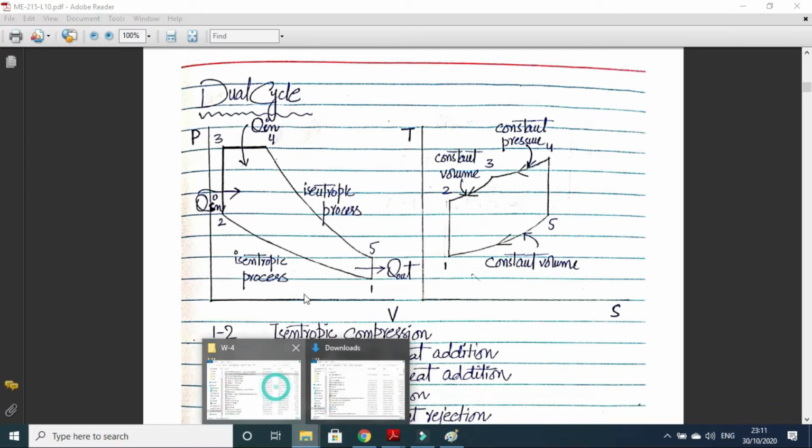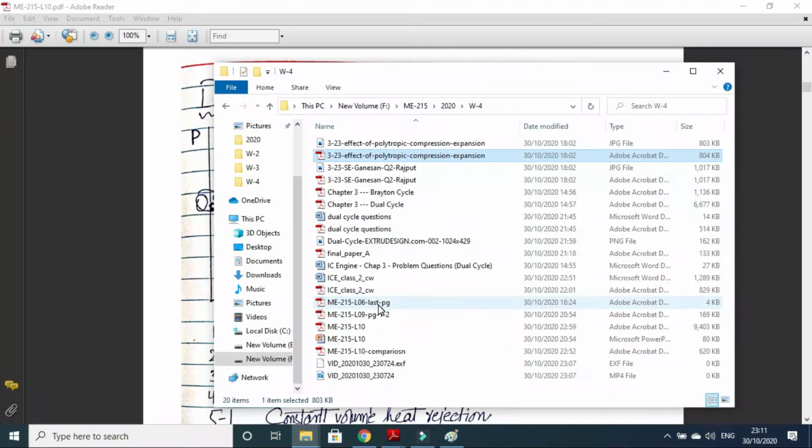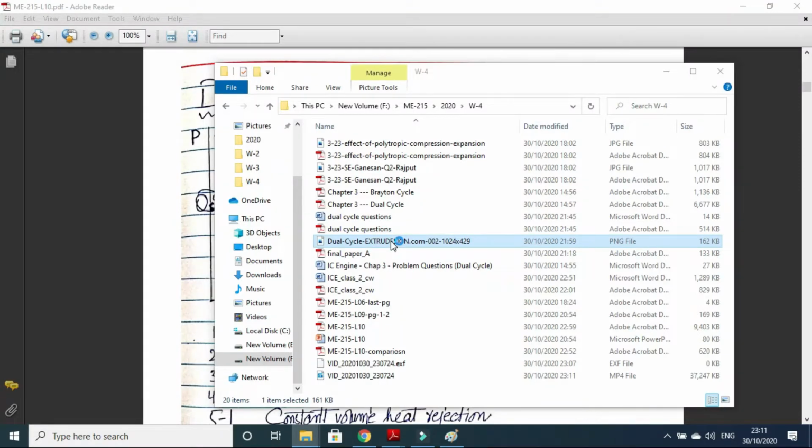So I can show you the picture where this effect is shown more visibly.